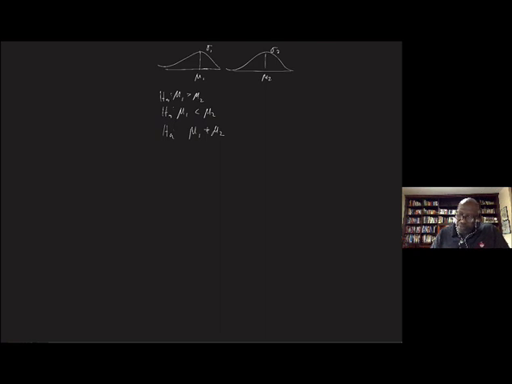So if sigma 1 squared and sigma 2 squared, the variances, or standard deviations, it doesn't matter, are known. So what is the test statistic, and how do we find a confidence interval for the difference between the two means? We're going to start off with a confidence interval for the difference between the two means.